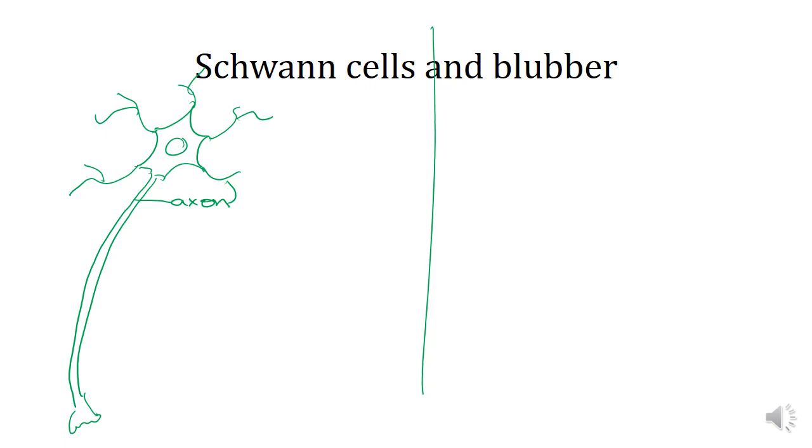So Schwann cells are a type of cell that wrap around our axons, and they act as electrical insulation around our axons. You do not need to know how they work, you just need to know that they exist. So these cells here are for electrical insulation of neurons.